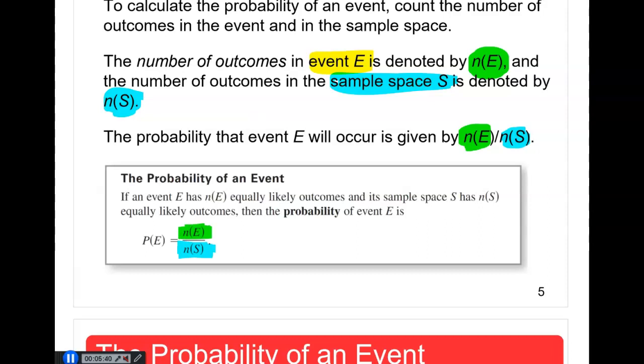It is like a fraction where you always divide the part over the whole thing. In this case, the whole thing is the collection of all the outcomes of the sample space, and the part is the number of outcomes for a certain event.